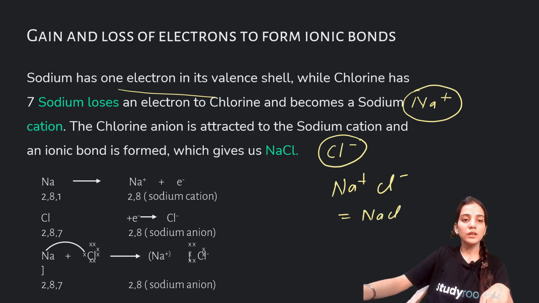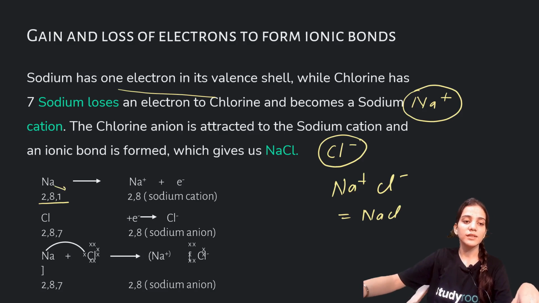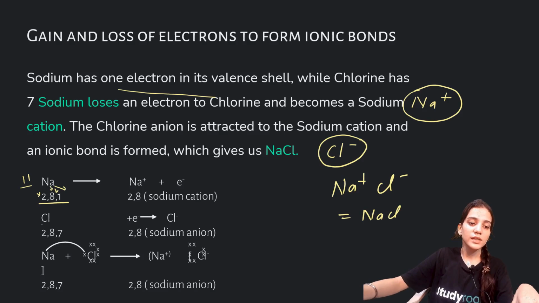This is how the electrons are present in sodium: 2, 8, 1. Sodium in the periodic table has atomic number 11, so it has the configuration 2, 8, 1, whereas Cl has atomic number 17, so it has the configuration 2, 8, 7.